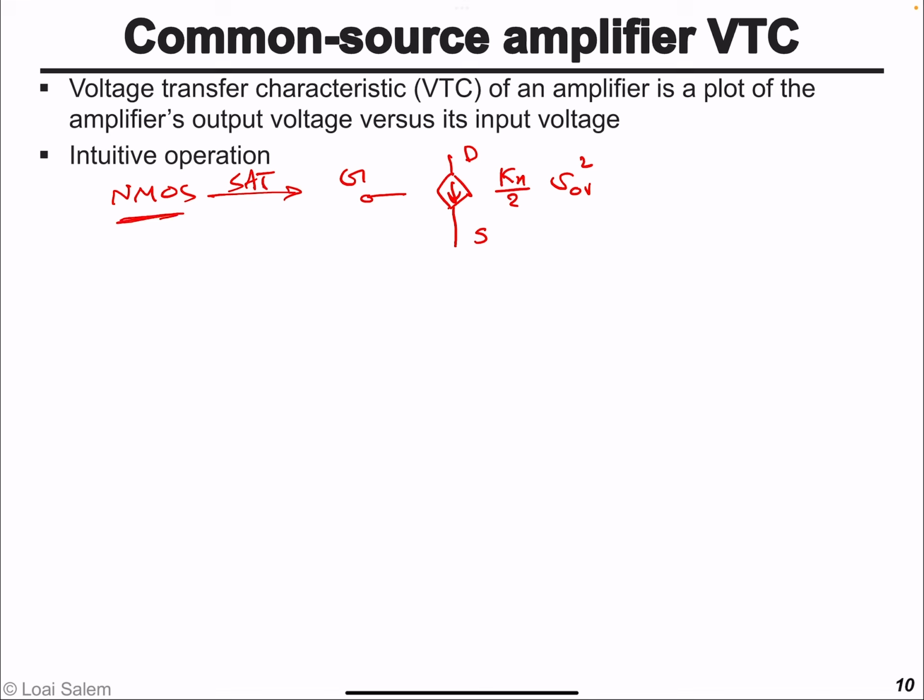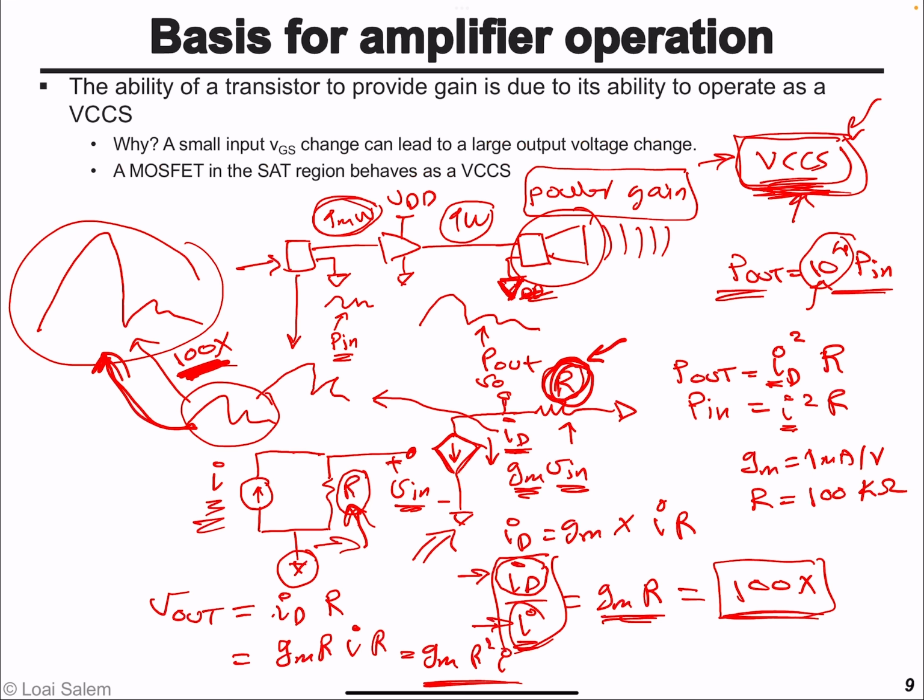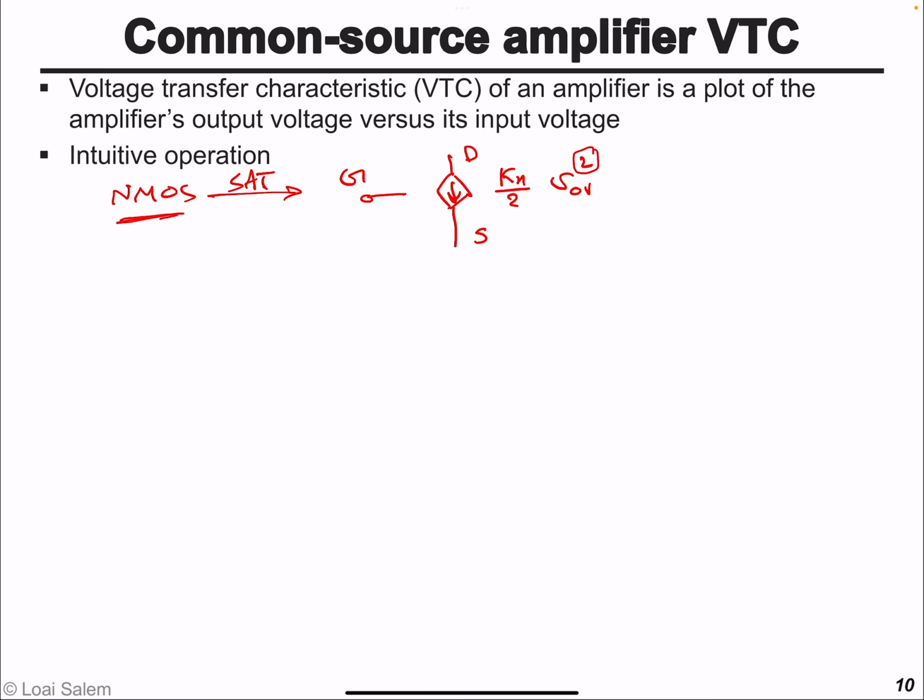Of course it's a quadratic relation, not linear as in here, so it will not produce an identical replica. The output current is going to be a little bit distorted, but we're going to use something called small signal operation, and we will discuss that in a future video. So my point is, the NMOS essentially behaves as a voltage controlled current source.